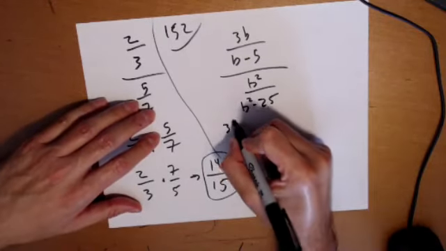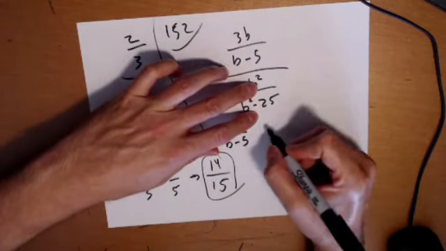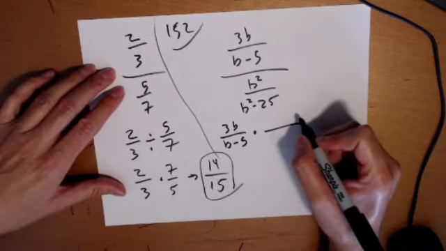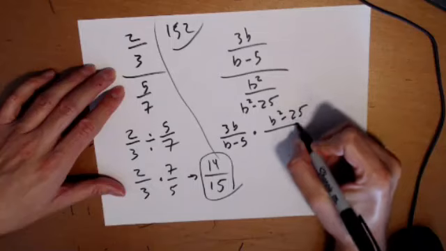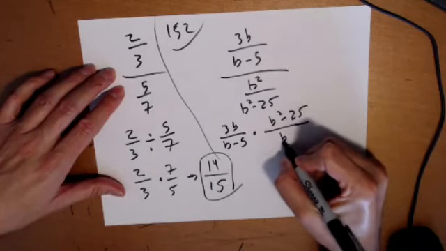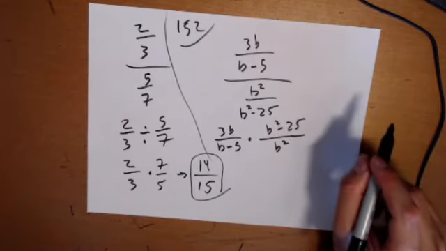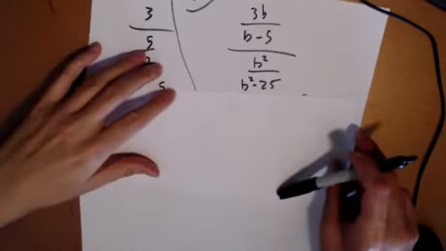So that is 3b over b minus 5 divided by that, which is multiplied by the reciprocal. So flip it over, right? b squared minus 25 over b squared. I'm running out of room. Let's go back in time. Maybe I should write that extra step for you.